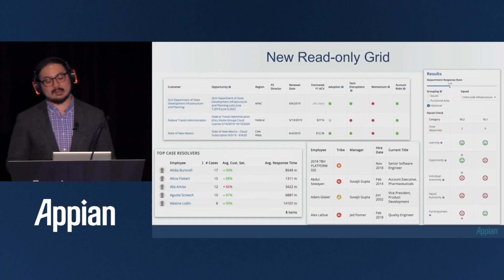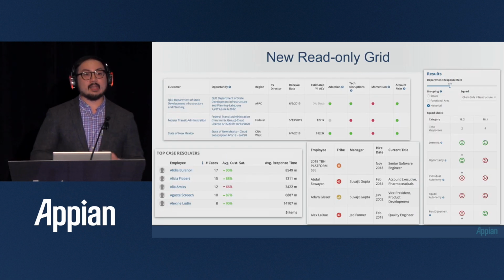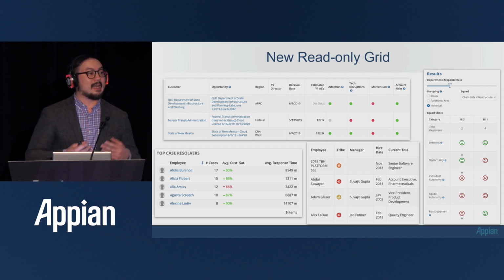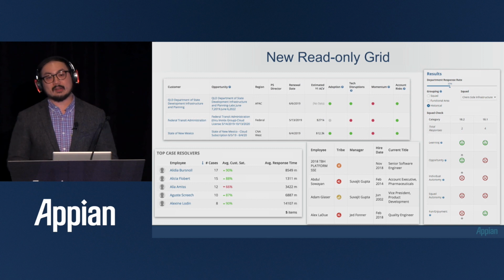So we've worked on the next enhancement, which is the read-only grid. The new read-only grid is a greatly enhanced version of the previous grid in 2 ways. It's easier to configure, and it's much more powerful. You can do things like add rich text in your columns, have variable column widths, and even add tooltips and headers.